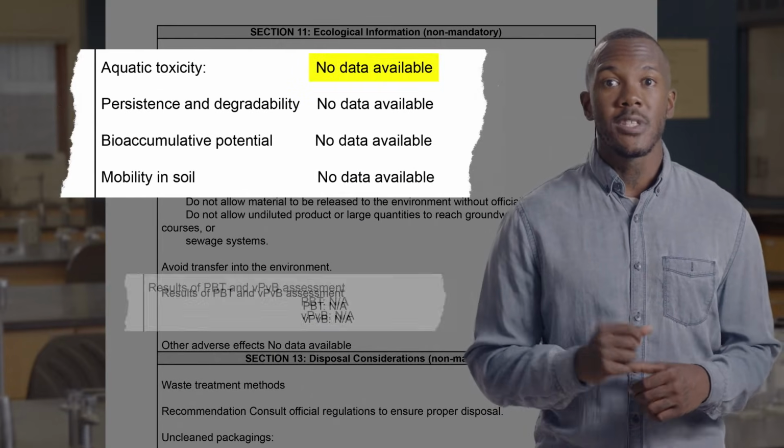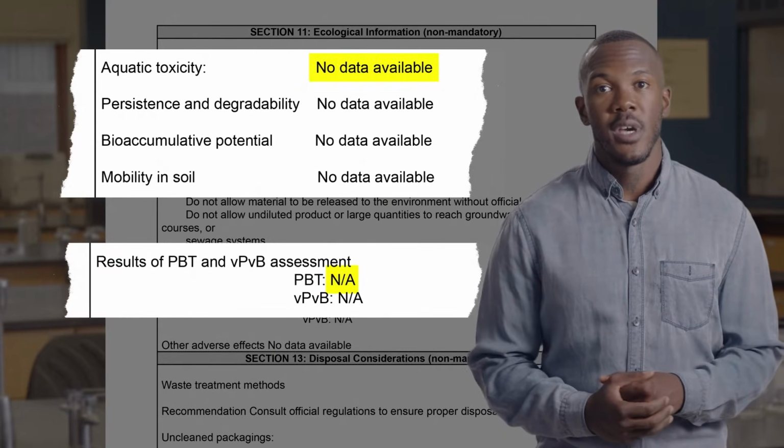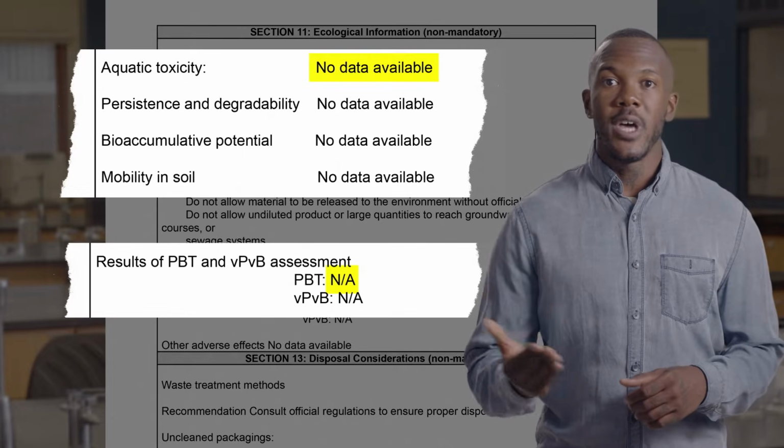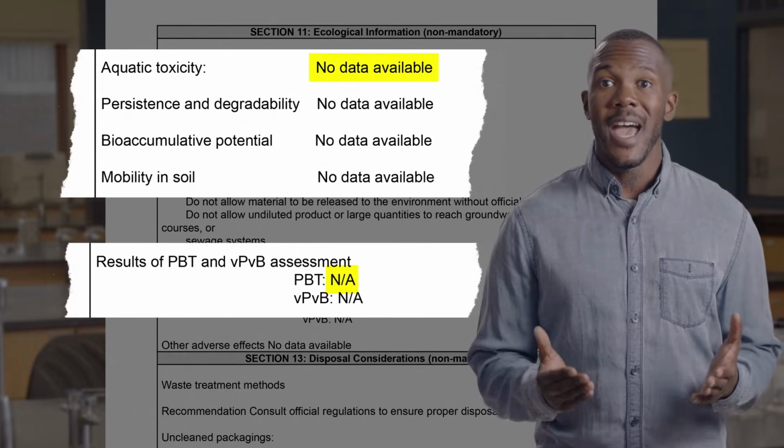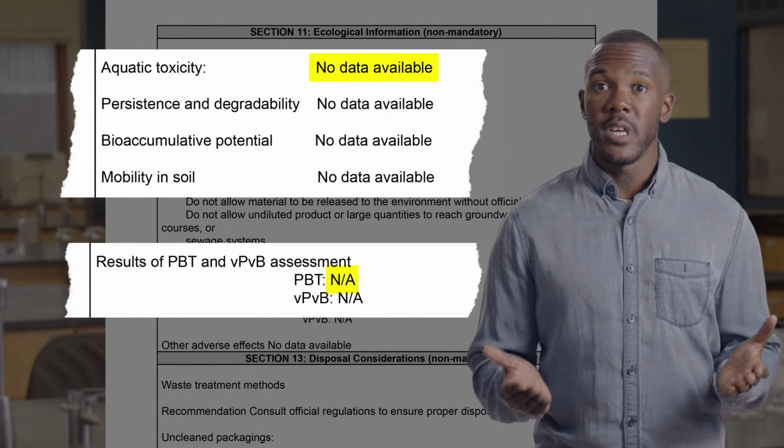Overall, SDSs are useful, but they aren't always the best source of safety information. This is partly because SDSs are written for a variety of audiences, so some information is not very relevant in the lab. In particular, pay attention to the terms no data available, N/A, and not established. If you encounter the phrase no data available, it should be viewed with some caution. It could mean data hasn't been reported for the property of the chemical.